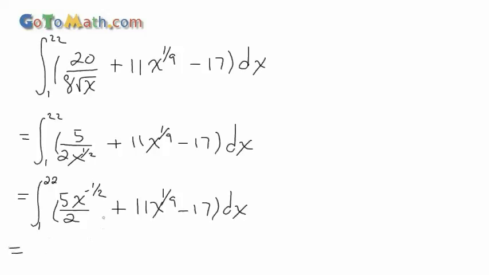Now we can go ahead and take the integral, finally. We have x to the negative 1/2, so we're going to add 1 to that, which makes it a positive 1/2. So 5x to the positive 1/2, since negative 1/2 plus 1 is a positive 1/2. Take that 1/2, bring it down here, so we have the 1/2 in the denominator, plus 11.